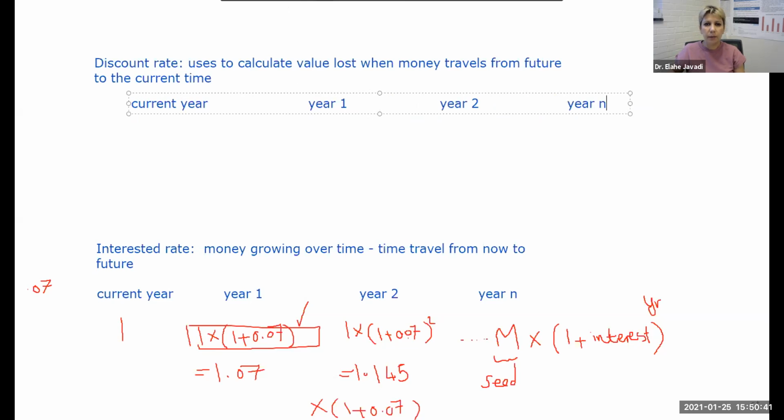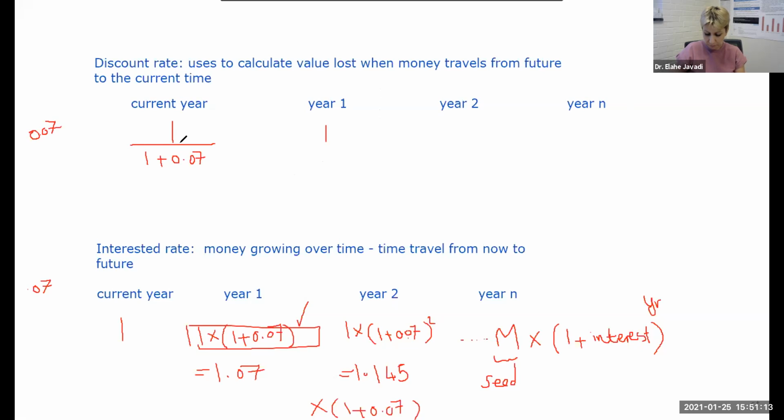So you're going to tell me that I'm going to earn $1 in year 1. But I'm going to tell you that the $1 that you're earning in year 1 is worth less today. So if you're going to use that in your calculation, you have to divide your dollar by 1 plus your discount rate. So this is how much value your dollar in year 1 has in the current year.